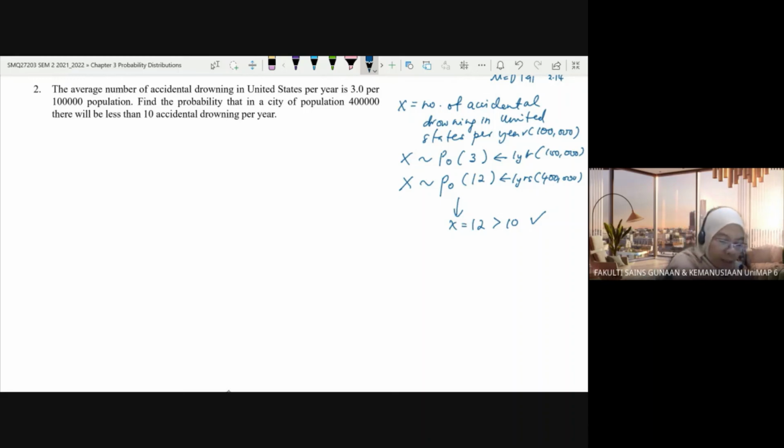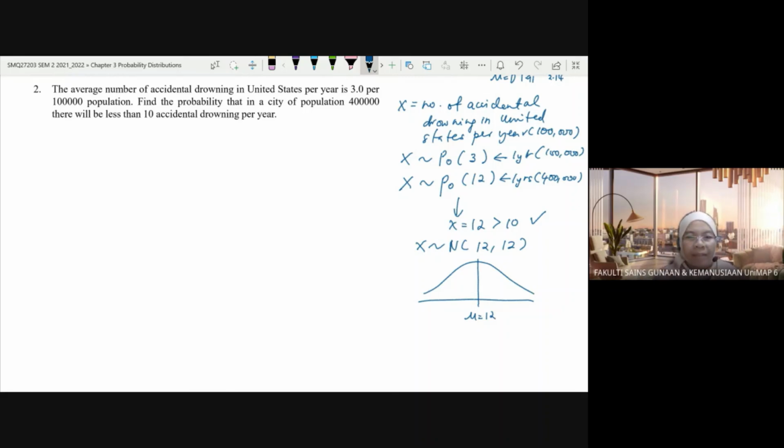Then we know that this particular distribution can be solved using normal, where the mean is equal to 12 and the variance is also equal to 12. Okay, so this is where if you plot down the distribution, the middle value is equal to 12. Now let's move to the equation.